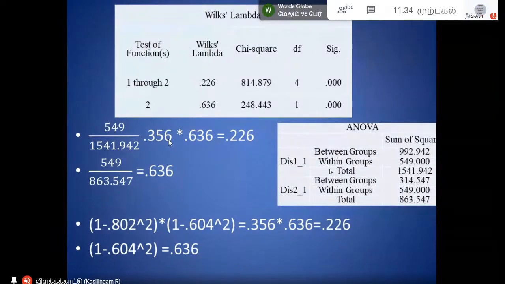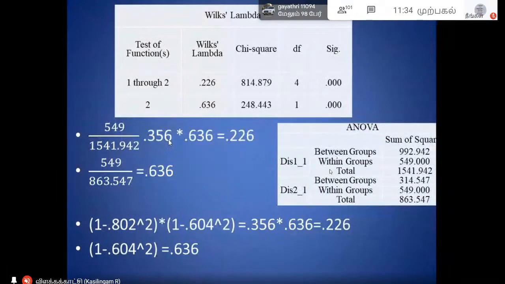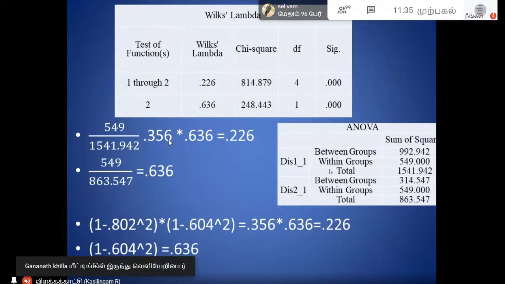Okay, very good. So now this is another one, 1 minus canonical correlation square, 0.802. If you remember, canonical correlation 0.802 and 0.604, all these might be there, but for two functions together, within groups of 356 for one group and 386 for another group, both multiplied, 226.